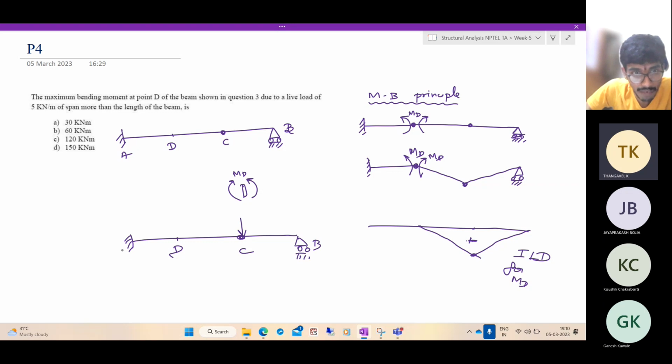So let us analyze this beam. Very simple. You have an internal hinge and you have a concentrated force coming onto the internal hinge. How do you analyze this? Let us take moments about this point, MC. If you consider the right span and take moments about this point, you will get RB equal to 0.